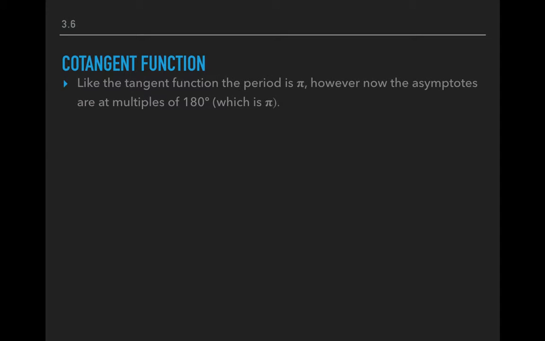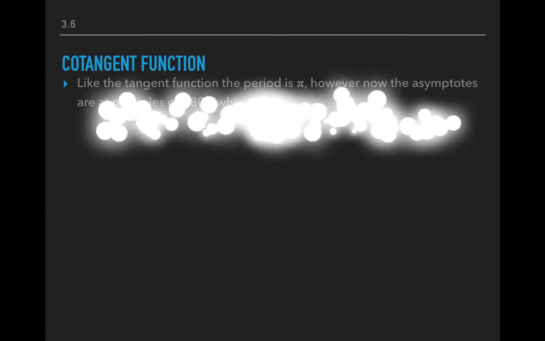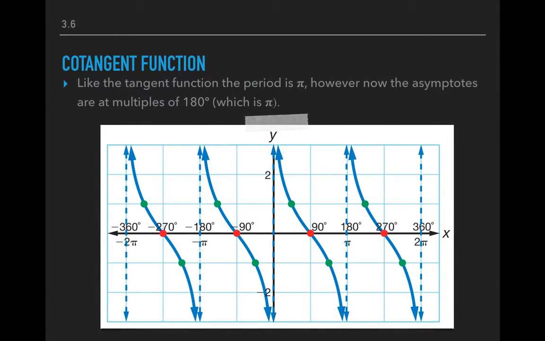The cotangent. It is like the tangent in that it has a period of pi, but now the asymptotes are going to be at multiples of 180. So what's happened here, and you'll want to take note of this, is the waves go down from left to right, where the tangent was going up and going up and going up.